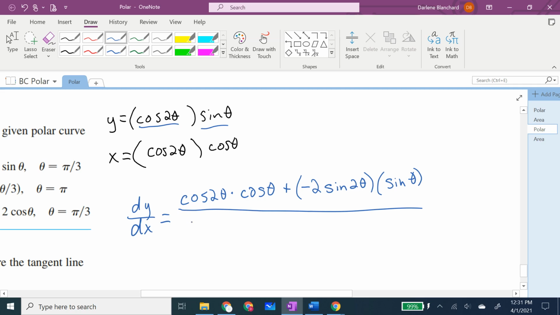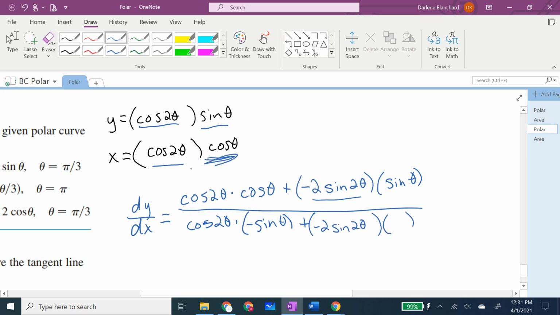For x, I'm going to keep the cosine 2 theta and then multiply by the derivative of cosine theta plus, and then swap the derivative situation. I already know the derivative of cosine 2 theta, so let's use that to the advantage.